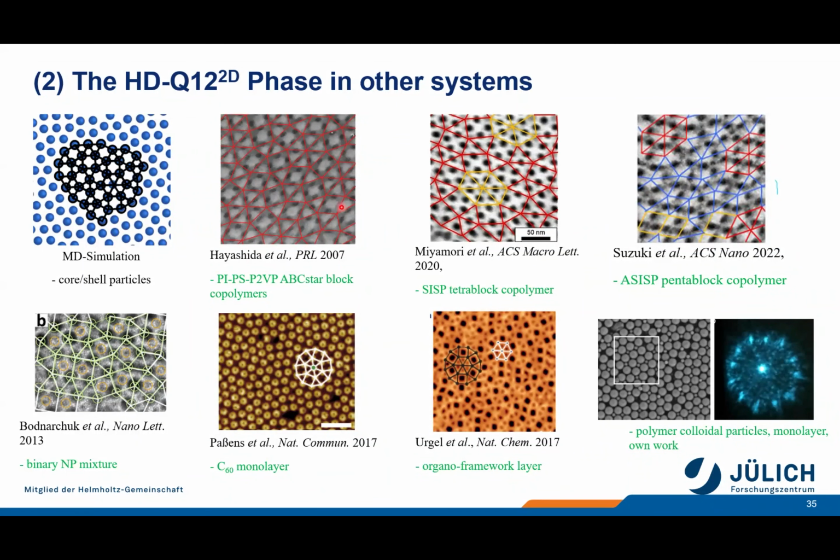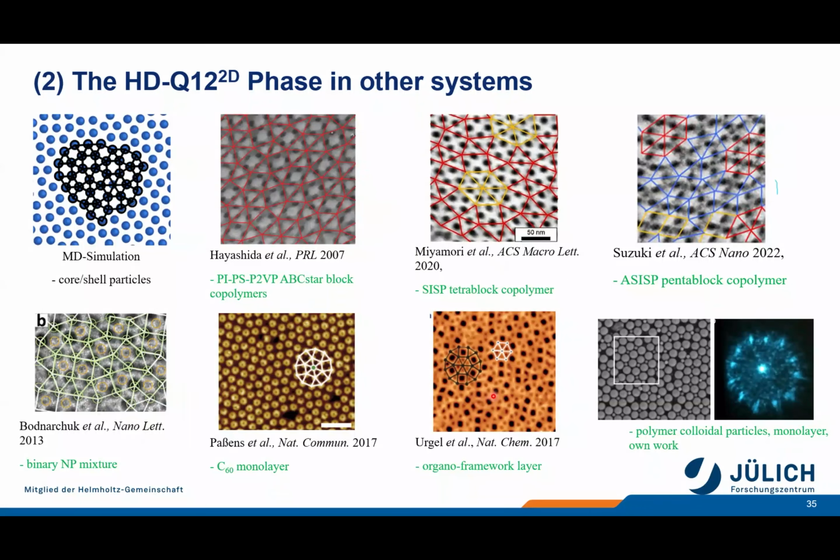The second of these seven quasicrystals is the high density Q12 phase. This is the MD simulation. This is the reports from the Japanese group in the early 2000s with block copolymers, also quite recently. And it's the same kind of tiling. This is a nanoparticle thin layer by Talapin et al. And this is a fullerene monolayer.